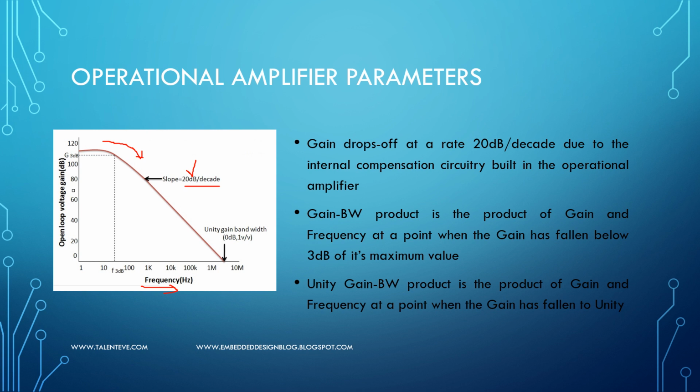A 3 dB drop from here is achieved at f3dB, which is between 10 Hz and 100 Hz. So the gain bandwidth product is given by f3dB times g3dB. That is what a gain bandwidth product represents. In data sheets you see this, and this is what you use for your design.